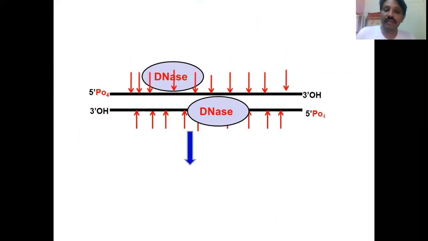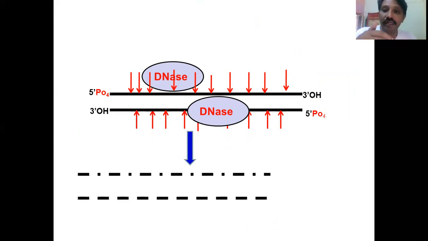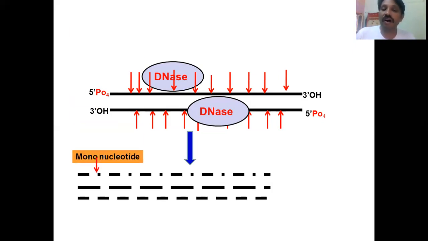So DNase I acts on single strands and double strands randomly. Once it digests the single strand or double strand DNA, it releases mononucleotides, dinucleotides, trinucleotides, tetranucleotides, or sometimes oligonucleotides also.